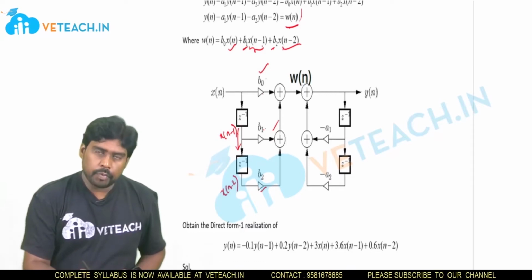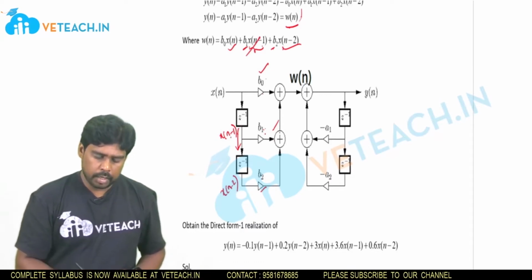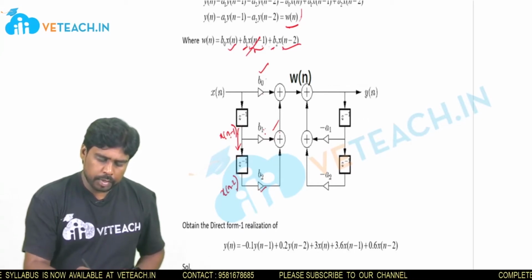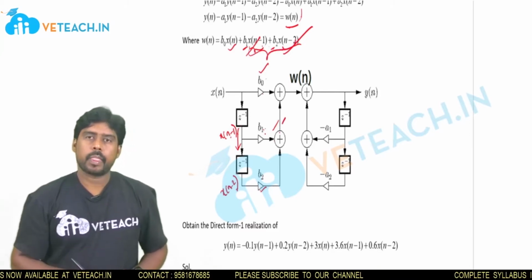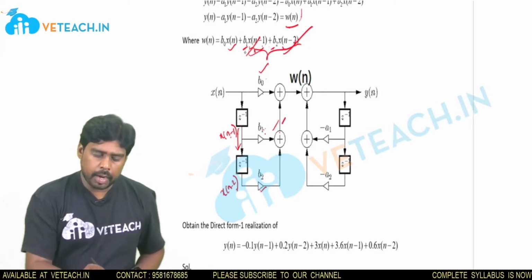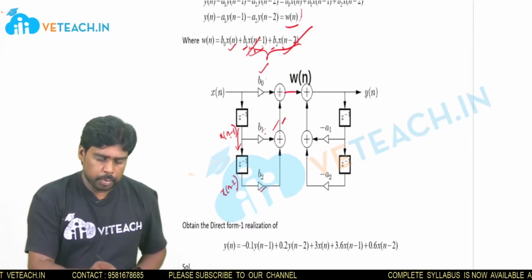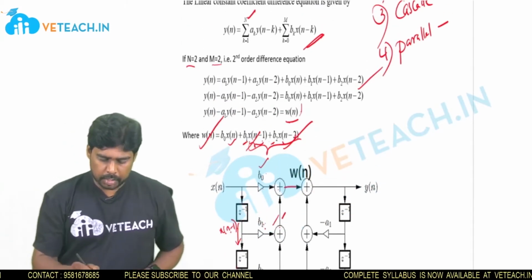What will be the output of this summing point? b1 into x of n minus 1 plus b2 into x of n minus 2. Already these 2 you are getting here, and these 2 are added to b naught into x of n, and that output is nothing but w of n.